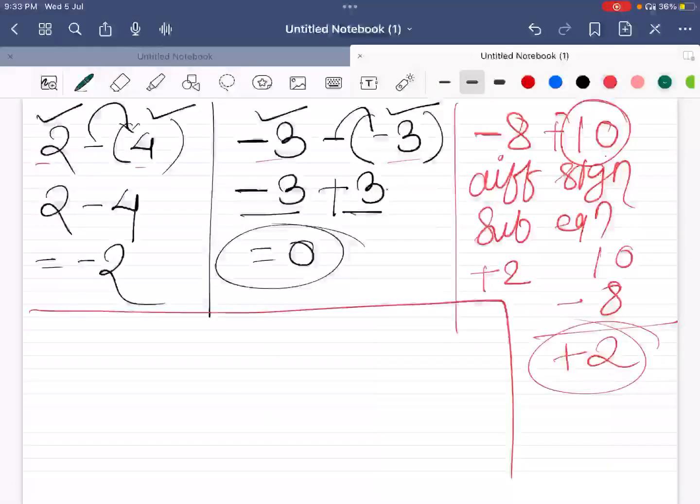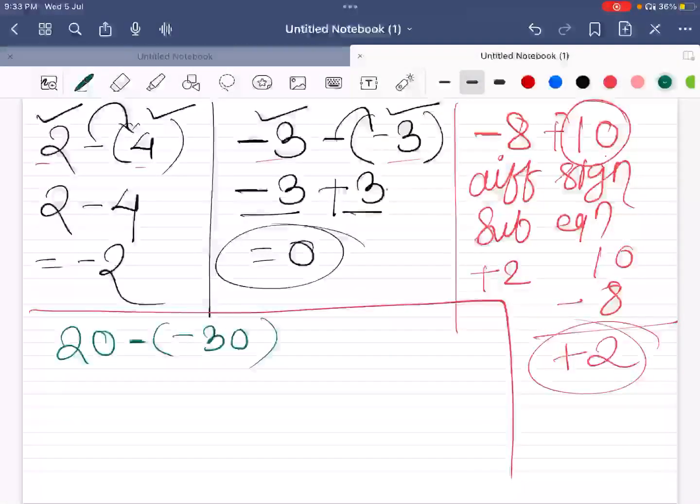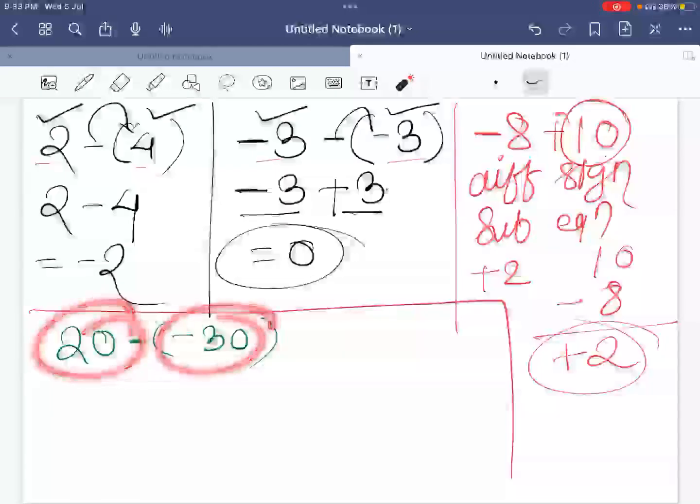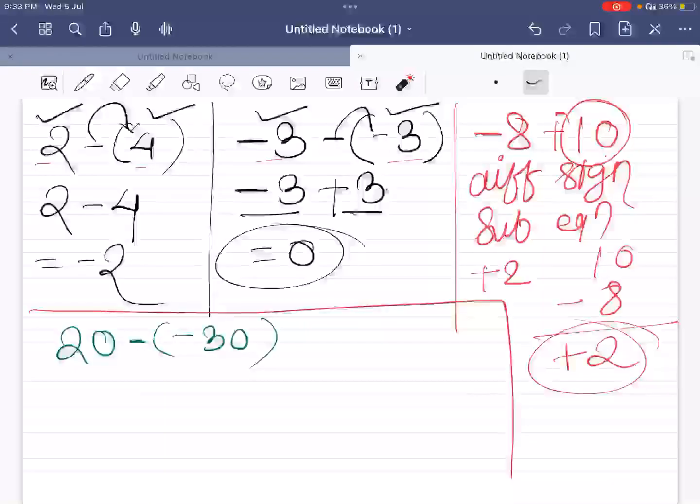the situation is like that, first number is positive, so write plus 20, and second number is negative, just like minus 30. So in this case first number is positive, second number is negative, and we are subtracting these two numbers.